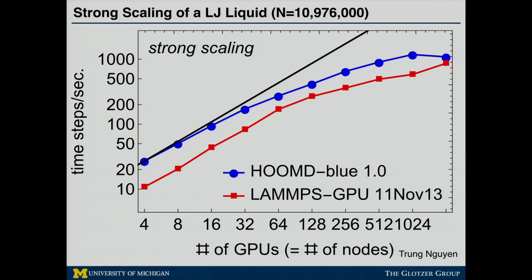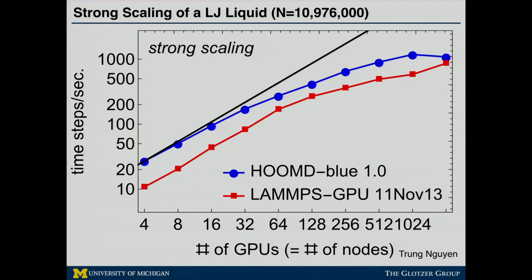What's interesting about this comparison is that LAMMPS was optimized for the Wilkes machine in a way that can take advantage of the CPU cores that are otherwise idle in the nodes, but this doesn't result in any speedup relative to our application.